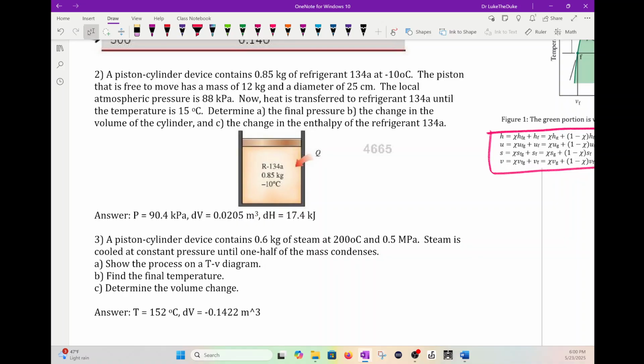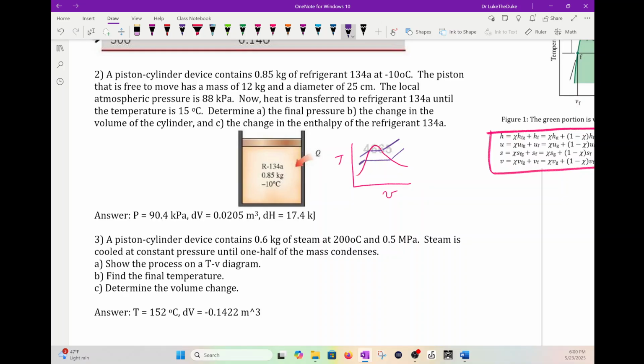But what you need to do is draw the vapor dome, T and V, or P and V. Label where you are. And then remember that if it's constant pressure, these are the constant pressure lines. These are different pressures, higher pressure, higher line up.